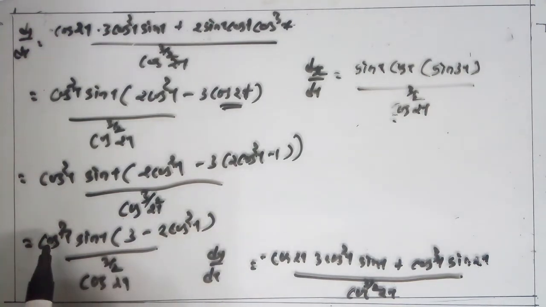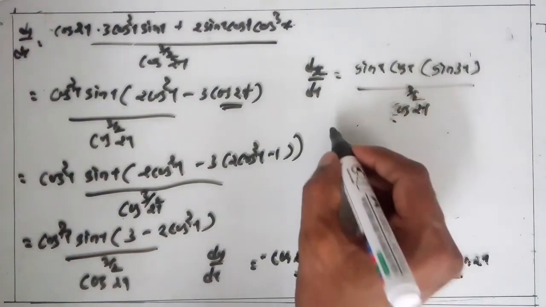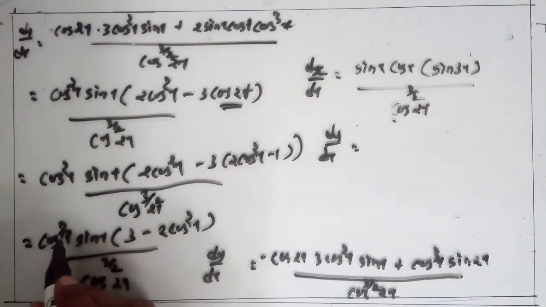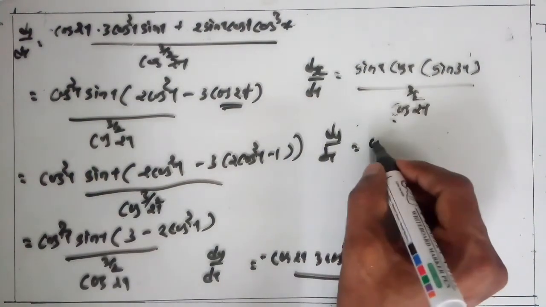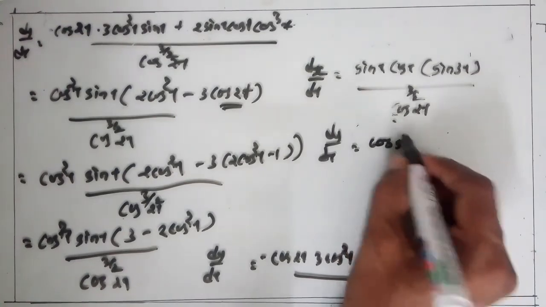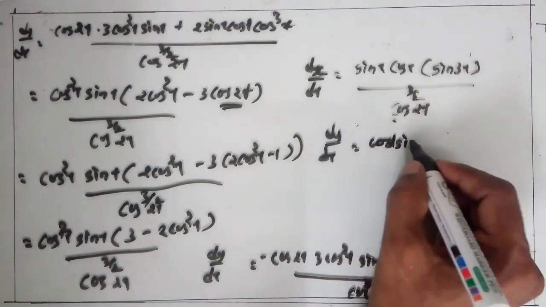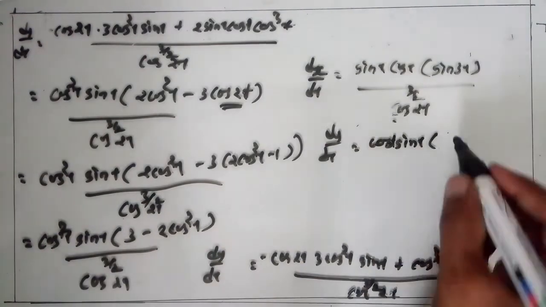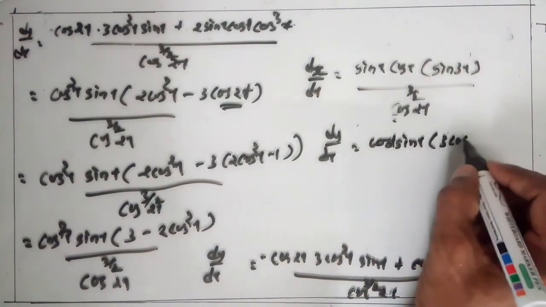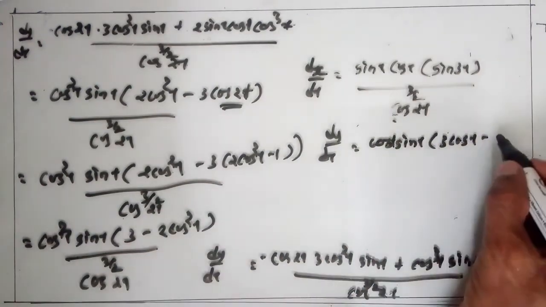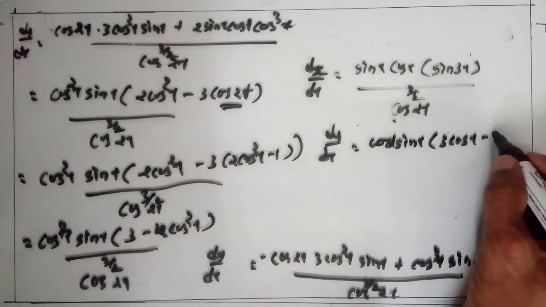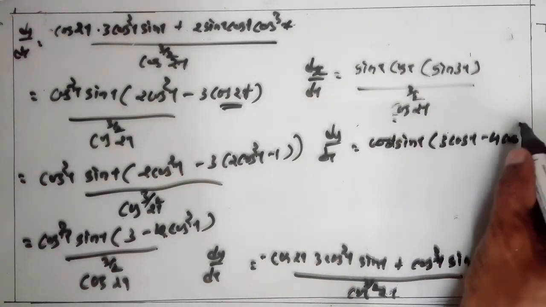Now here cos t take inside, so we get dy/dt is equal to cos t sin t into 3 cos t minus 4 cos cube t.